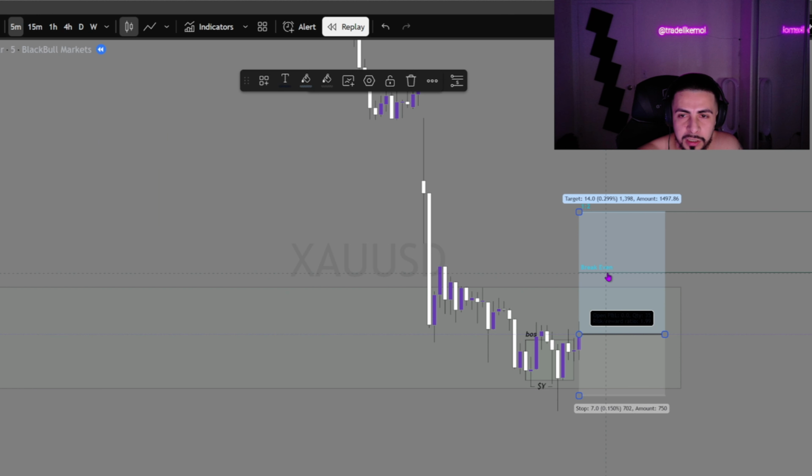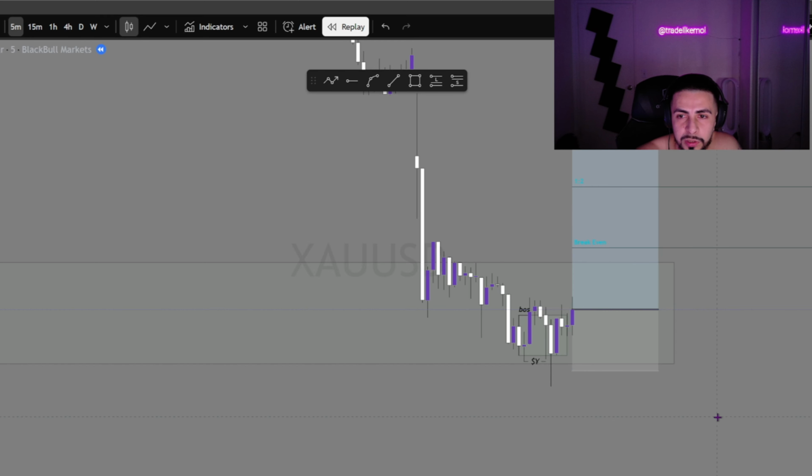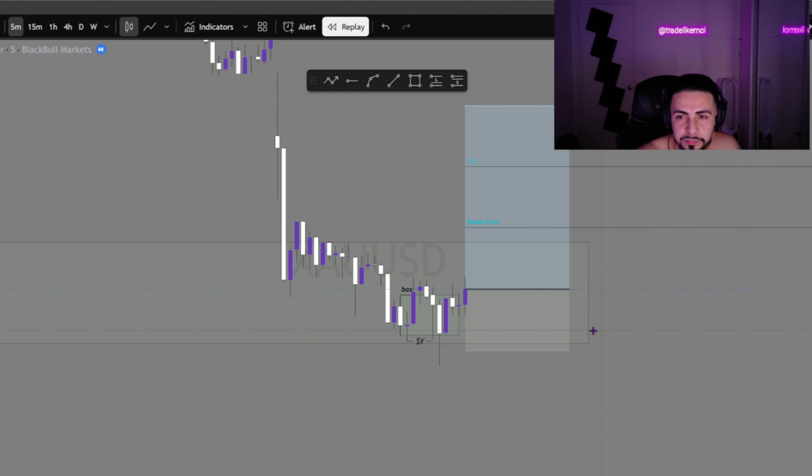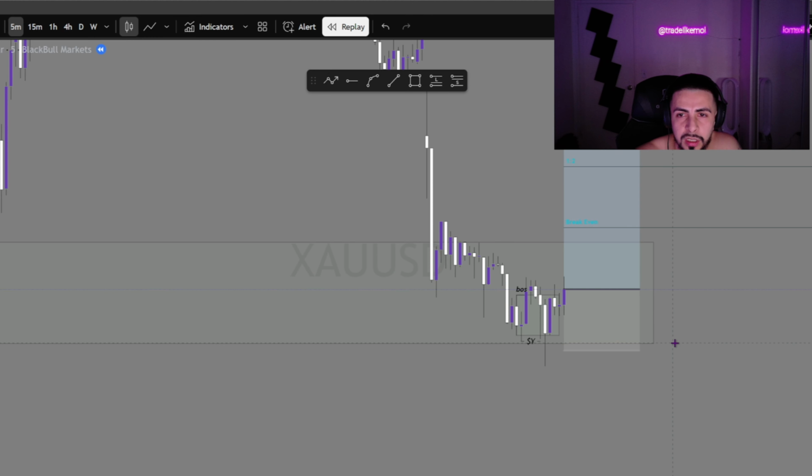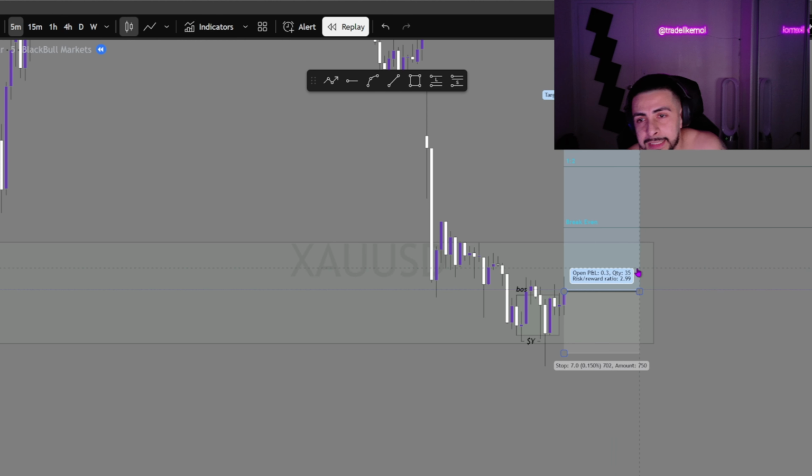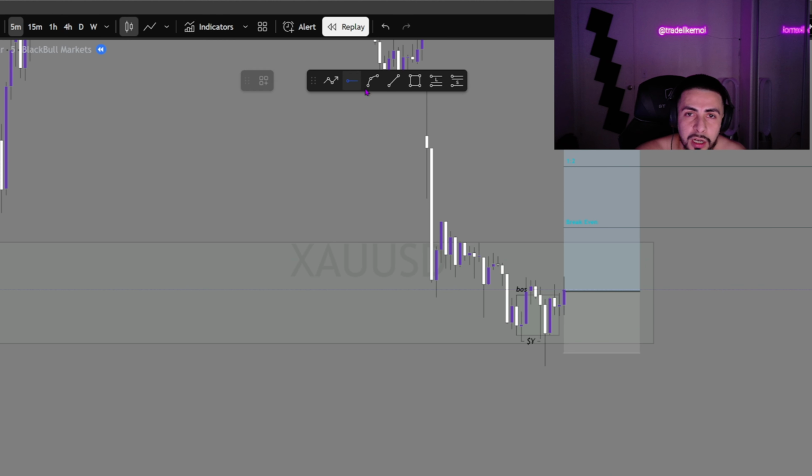This target right here is just for you to move your stop loss, so call it target 2, whatever. 210 pips or ticks will be your 1 to 3, so that would be target 3.